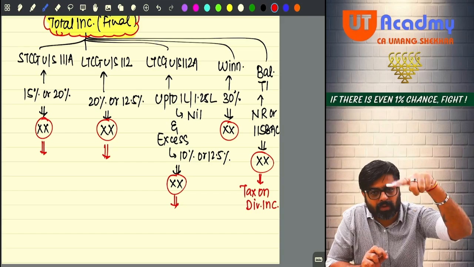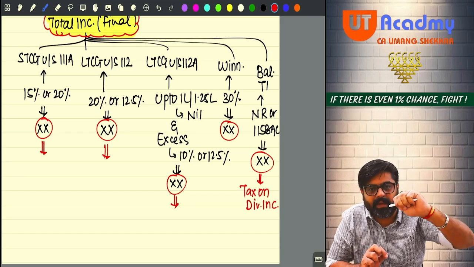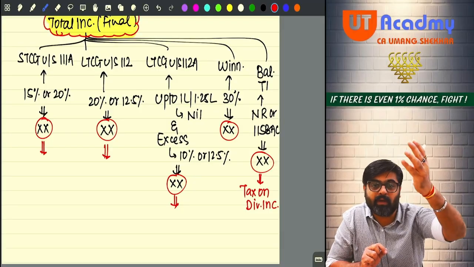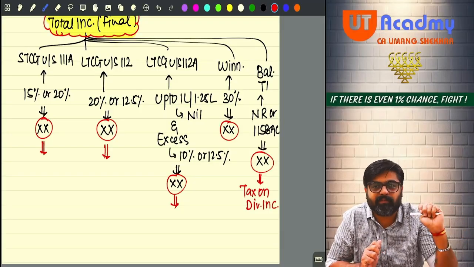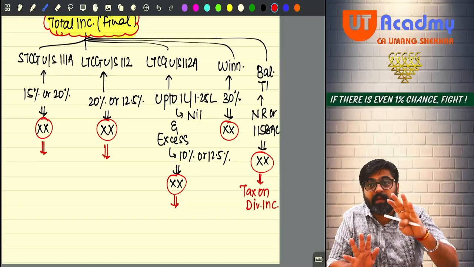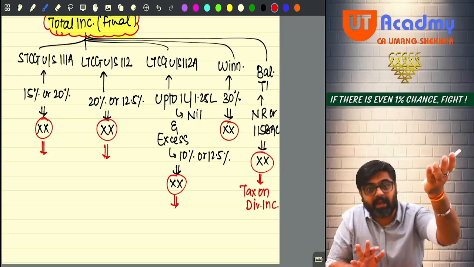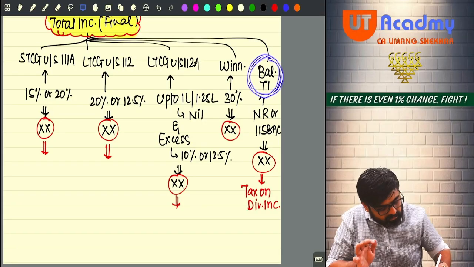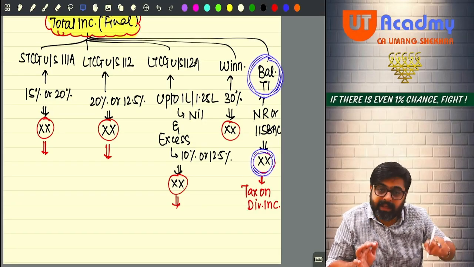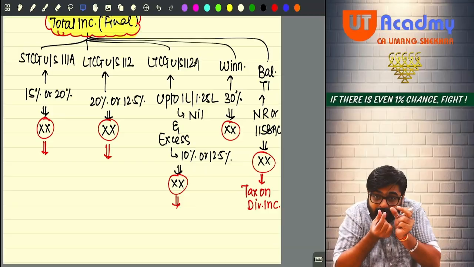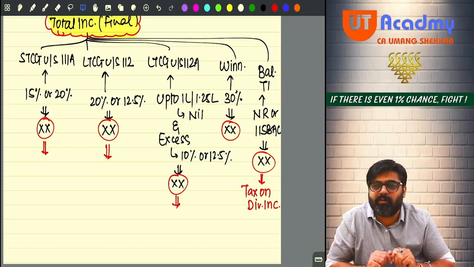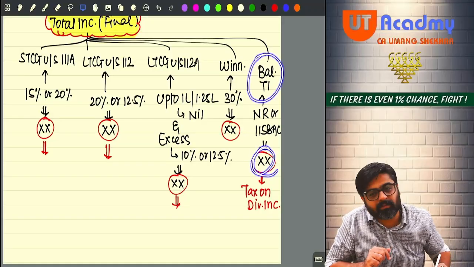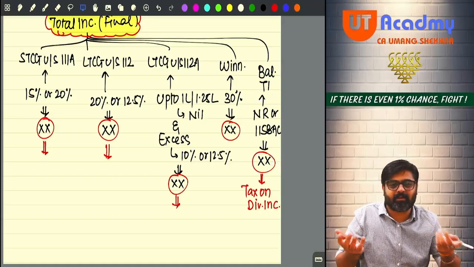So total income was 5 lakhs. In that, 1 lakh was dividend income. You would have calculated the tax on the entire 5 lakhs. In this tax, how much is the tax on that 1 lakh rupees of dividend income? If on 5 lakh the tax is this much, how much should we tax on 1 lakh?